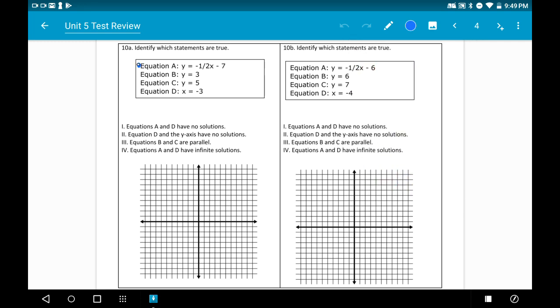So equation A, I'm going to do in blue. This one is at -7 as our intercept. So 1, 2, 3, 4, 5, 6, 7. Okay. And then our slope is -1/2. So down 1, right 2.